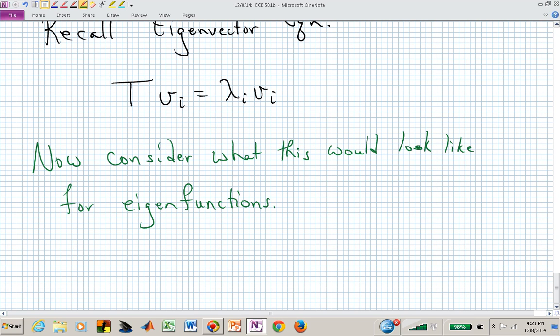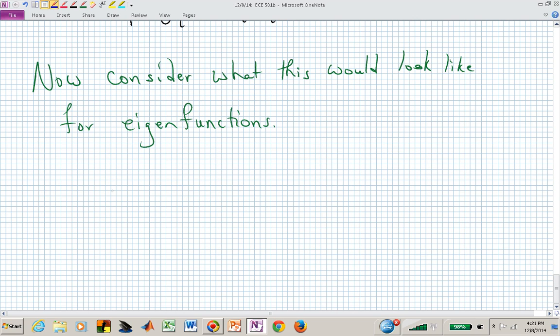Now we might have a linear operator T, which operates on some eigenfunction u sub i of t, that will then result in staying in that same direction, or in that same eigenfunction, just scaled by some scalar lambda sub i.